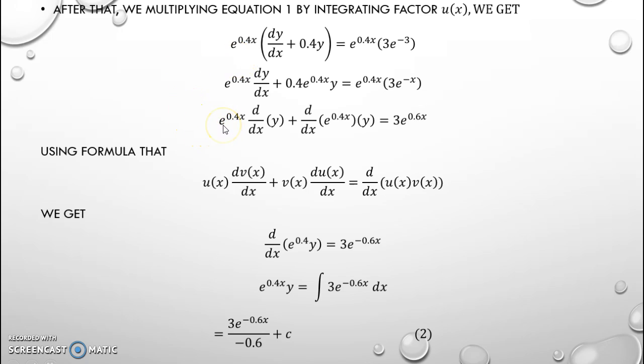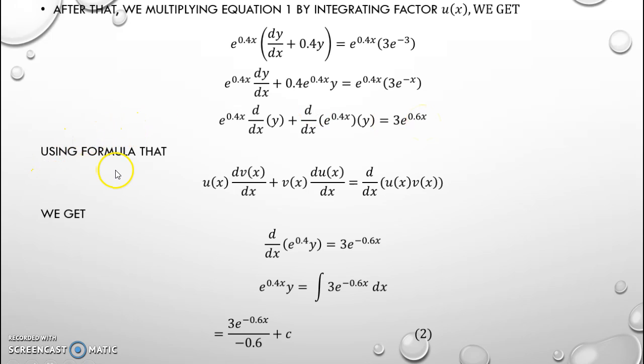Then e to the power of 0.4x dy over dx plus d over dx of e to the power of 0.4x times y equal to 3 e to the power of negative 0.6x.